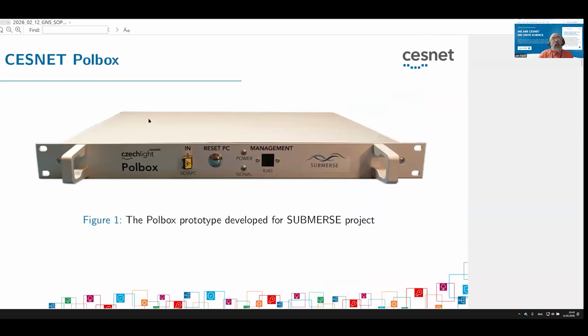Okay, I'm going to talk about the Cesnet Polbox, which is a prototype developed for the Submers project. Some of the people in the audience are actively participating in this project. So basically it's just one input, and there is a PC, and there is some output, so you can check what's going on in the fiber.